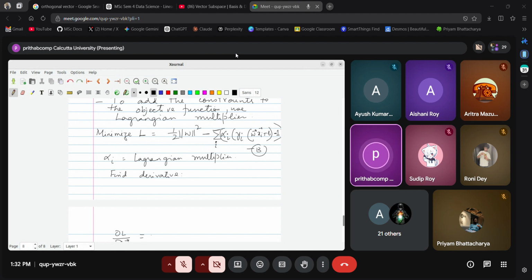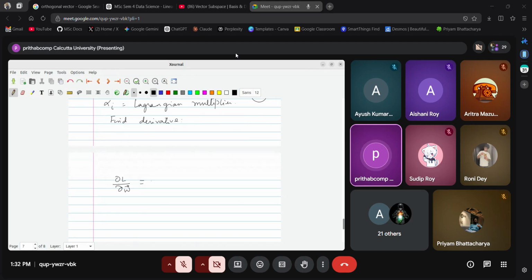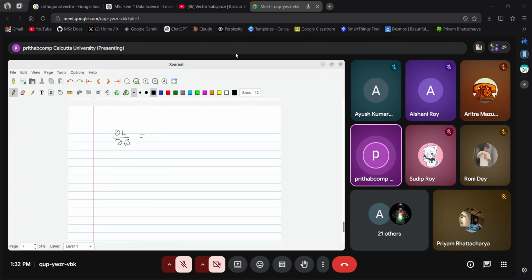So this 2 and this 2 get cancelled out, right? That is the reason we have formulated it as half w square. When you take the derivative, it gets cancelled out, and it's easy to do the algebra. So it becomes half into 2, and this cancels out. So that's why it is taken in this fashion.